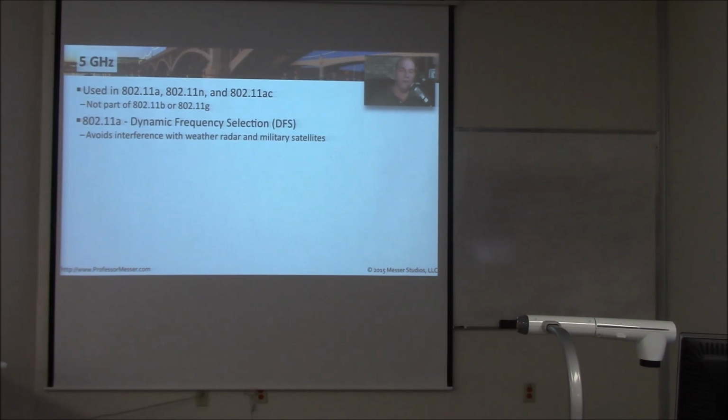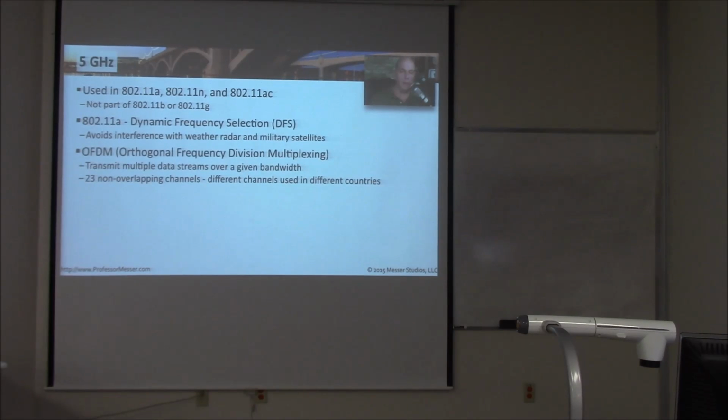There are a number of military uses for these 5 gigahertz frequencies, so by using DFS, we're able to avoid conflicting with radar that's being used for weather or military satellite use. This is using that same frequency modulation we were looking at before of OFDM. It allows us to send multiple data streams even though we're using a fixed type of bandwidth.